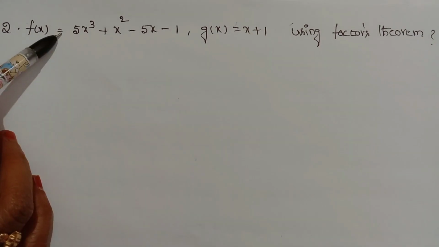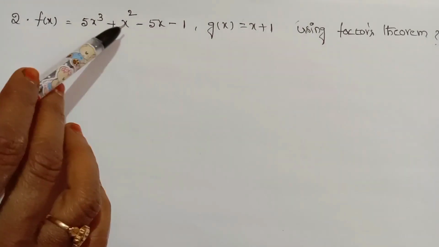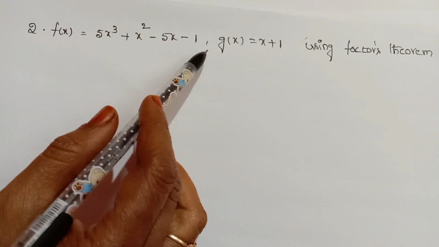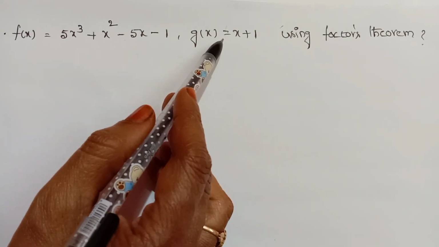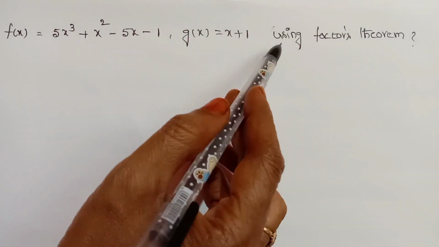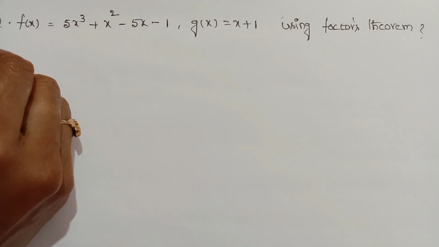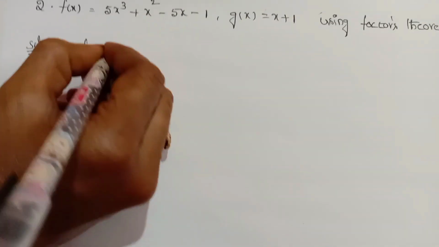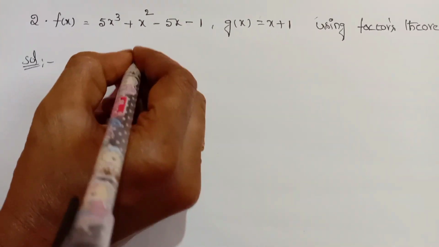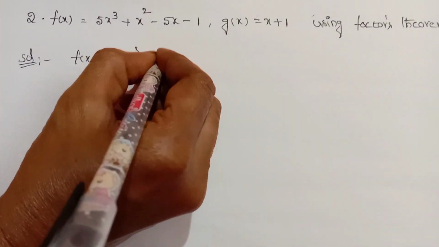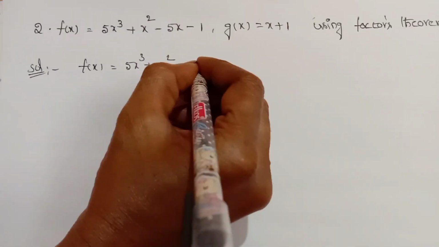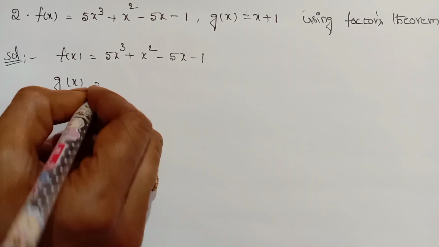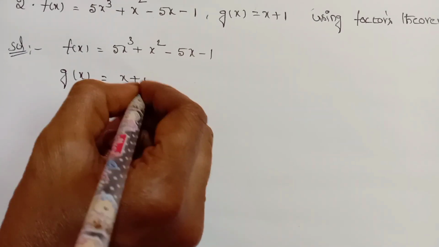f of x is equal to 5x cube plus x square minus 5x minus 1, g of x is equal to x plus 1, using the factor theorem.